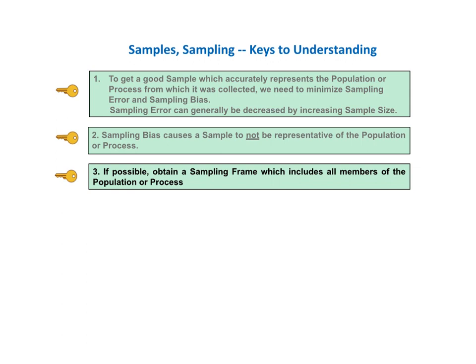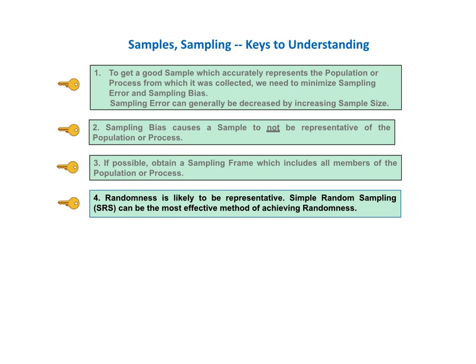Key number 3 says, if possible, obtain a sampling frame which includes all members of the population or process. Key to understanding number 4 says randomness is likely to be representative. Simple random sampling, SRS, can be the most effective method of achieving randomness.